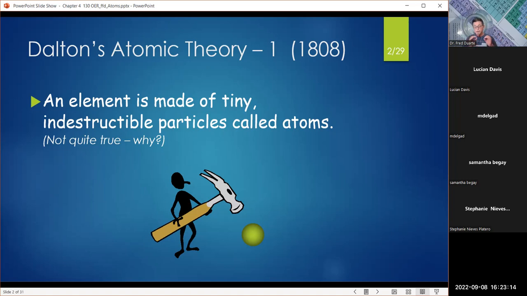Now, we're going to work specifically only on protons, neutrons, and electrons. Those are the subatomic particles that we're going to deal with. Those are really made up of smaller particles themselves, which is beyond the scope of the class, but it was very fascinating science. Okay, so not quite indestructible particles.